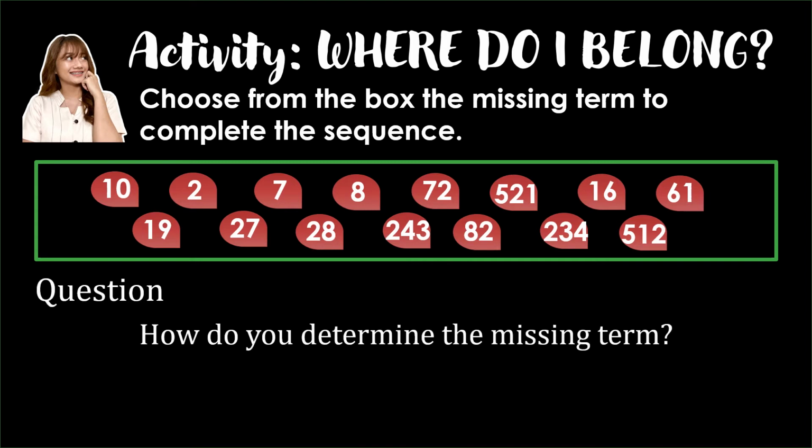Now, the first question is, how do you determine the missing terms? How are you able to determine the missing terms of the given sequences?